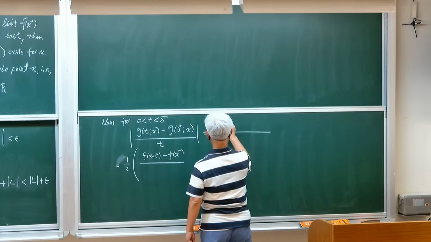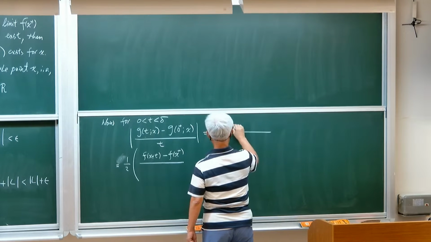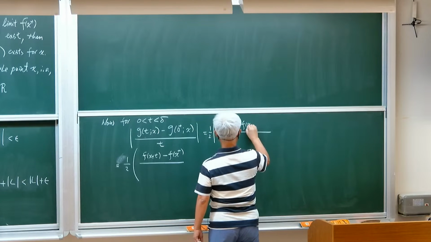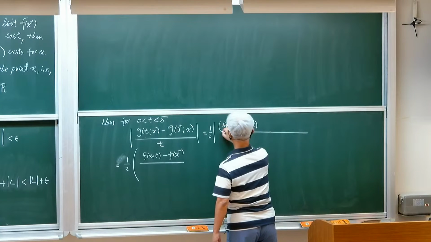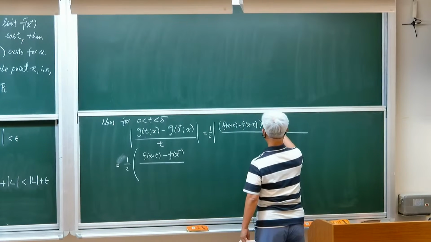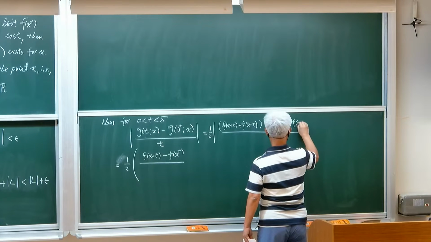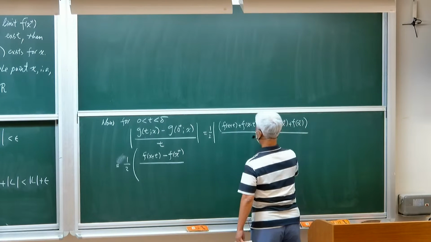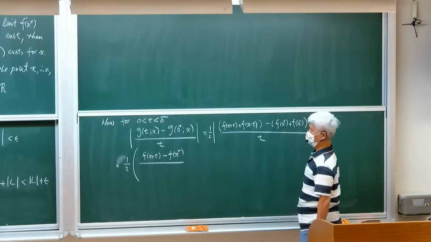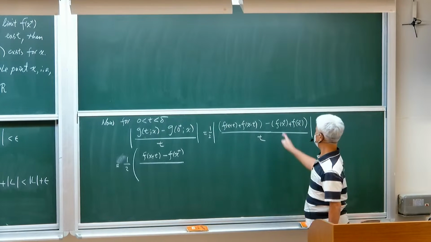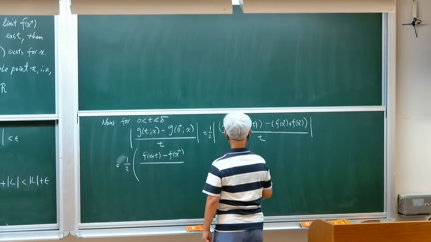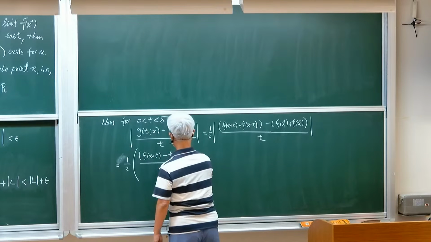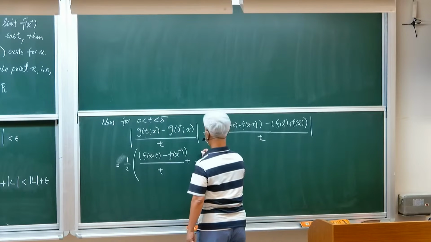Okay, this is x plus t, x minus t, divided by t.